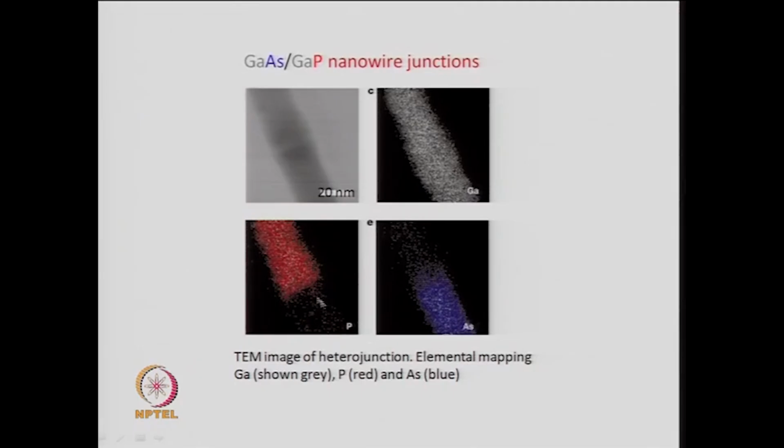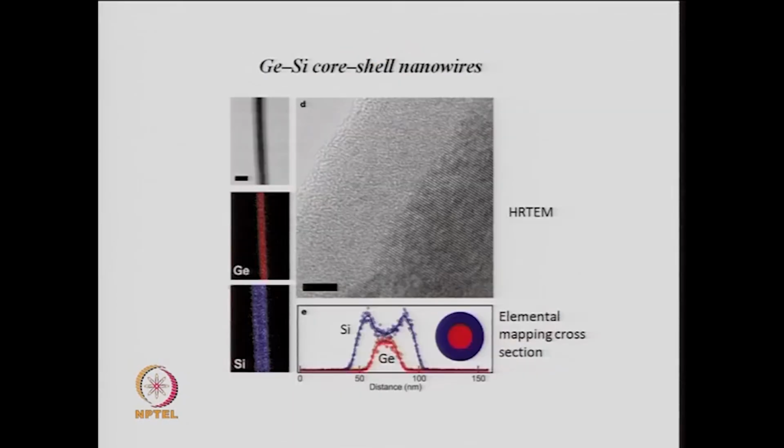So, you see the lower half, which is not showing anything other than gray, no red spots, now shows blue color here, showing that this part of the heterojunction contains arsenic. So, this is the gallium arsenide part, and the top part is the gallium phosphide. So, you can characterize the heterojunction nanowires very precisely by EDAX mapping as shown here.